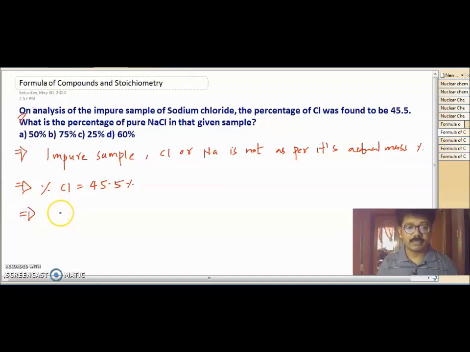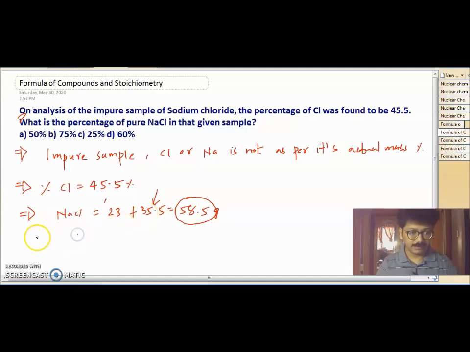If I take NaCl, it is 23 unified mass of sodium and 35.5 unified mass of chlorine, and it makes 58.5 gram per mole. This 58.5 is the total mass, and chlorine has a mass of 35.5. So we can find the actual mass percentage of chlorine if this NaCl is pure.